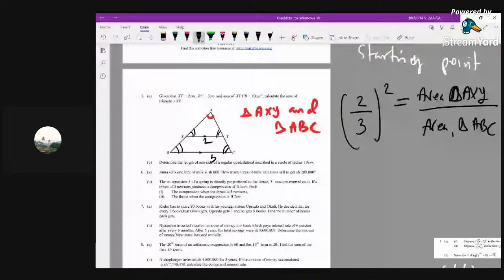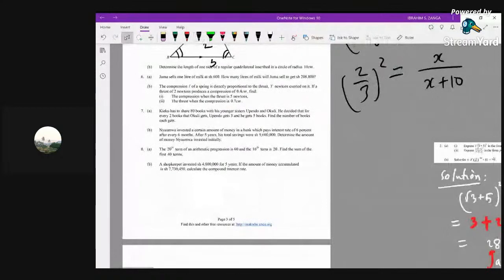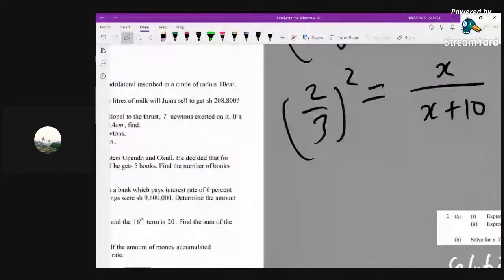So 2 over 3 squared equals, if you say the area of triangle AXY equals XC, then XC over XC plus 10, because the area of triangle ABC then will be 10 plus X. Okay, then it is 9 here, obvious. Sorry, it is 4. It is 4 over 9 equals XC over XC plus 10.